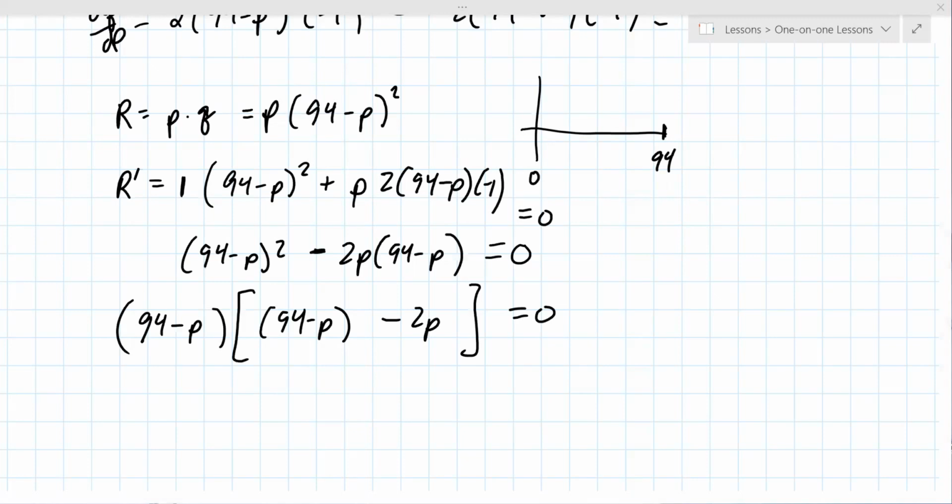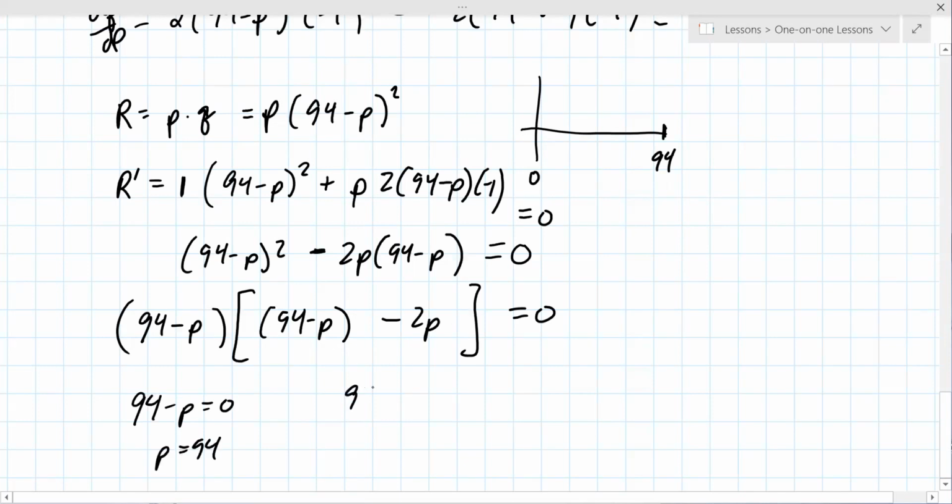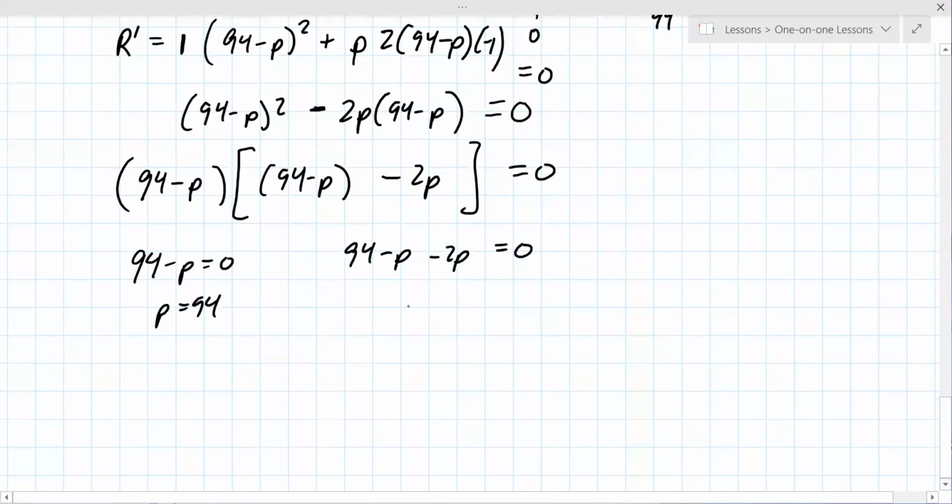Okay, so now this left part is 0 when P equals 94. And then this part is 0, so we have to solve for this. 94 minus P minus 2P equals 0. This is 94 minus 3P equals 0. So P equals 94 over 3.